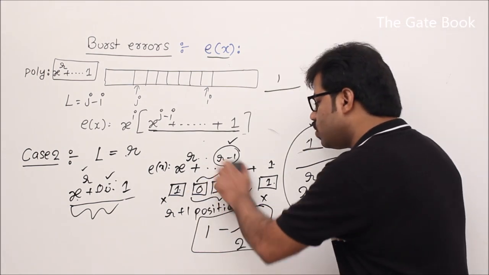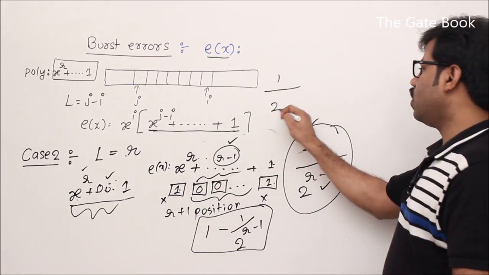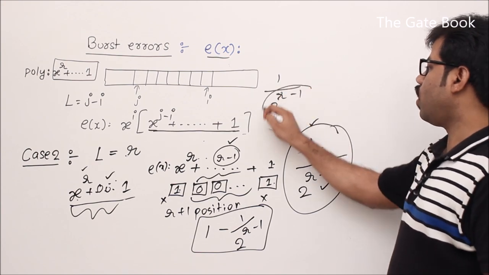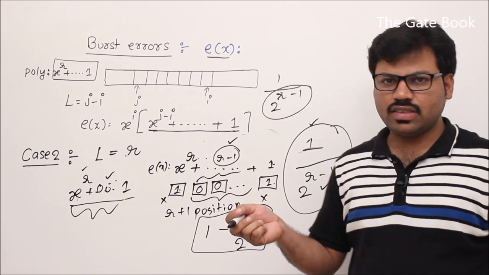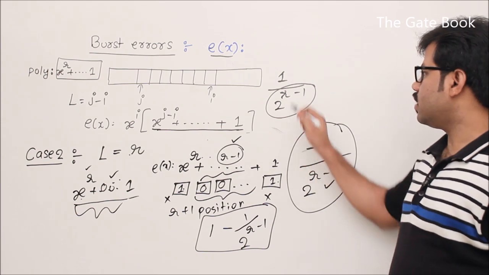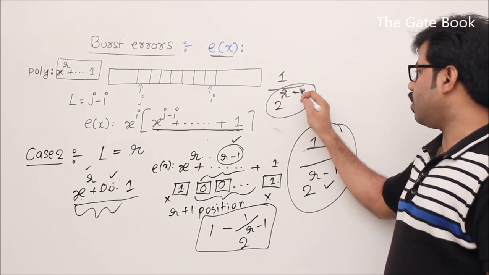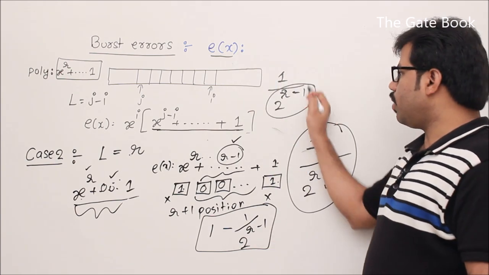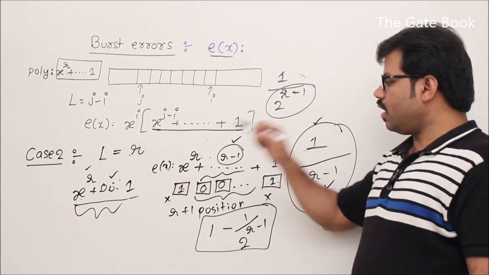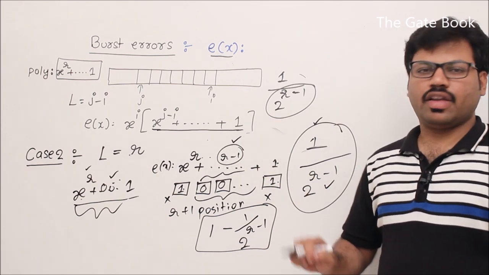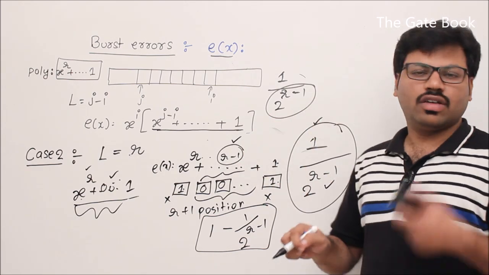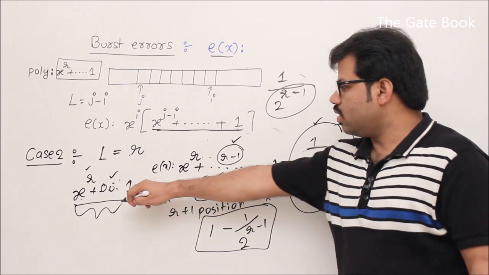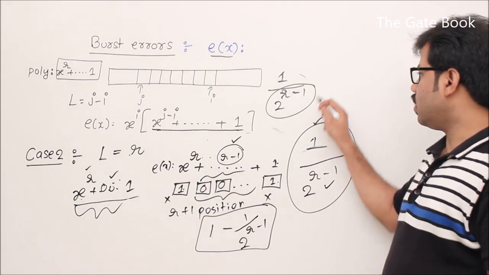Generally, how many ways can you change r minus 1 positions? 2 power r minus 1. So 2 power r minus 1 are all possible cases, and out of them one case should not arise. That's why 1 by 2 power r minus 1 is the probability to not detect the error. Otherwise, this is the probability that your polynomial is equal to this polynomial. All the remaining cases are definitely other than this case, right? So finally this is the answer.